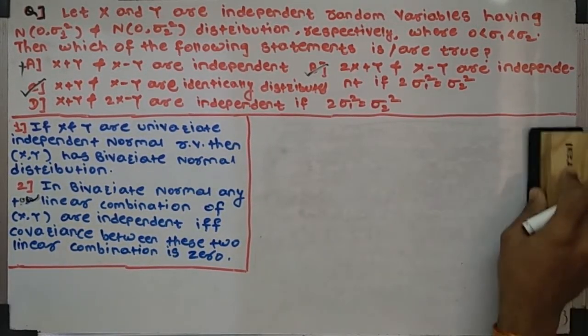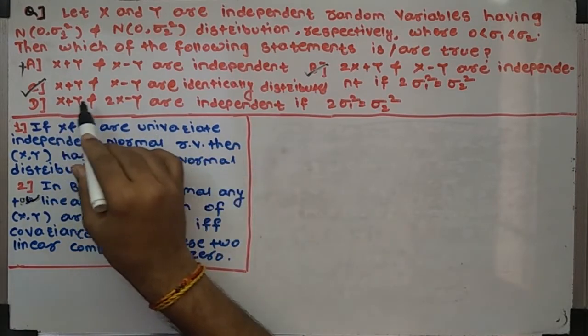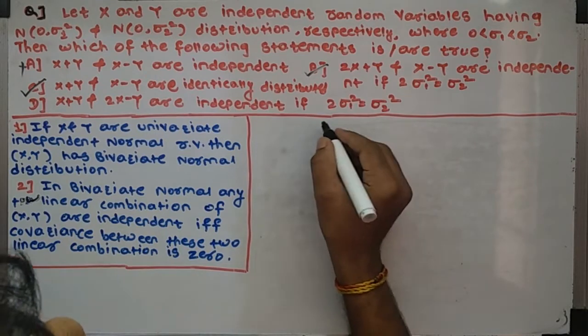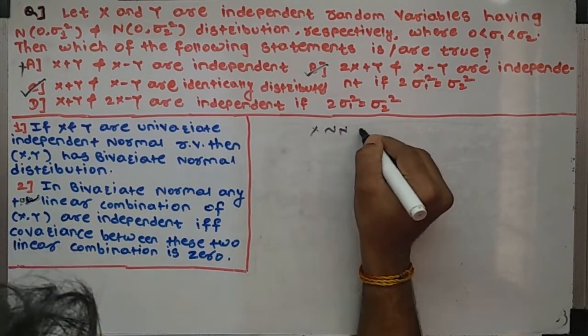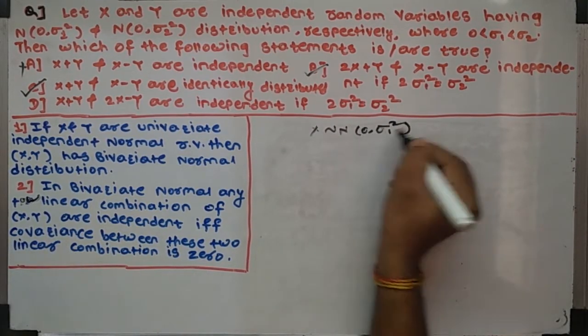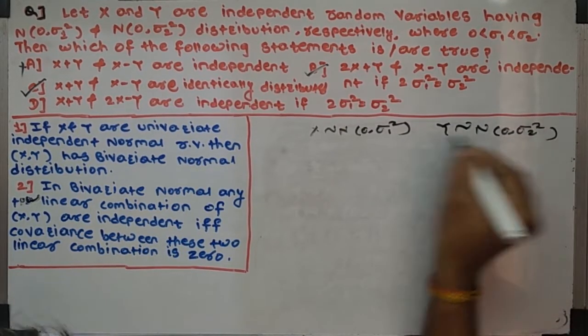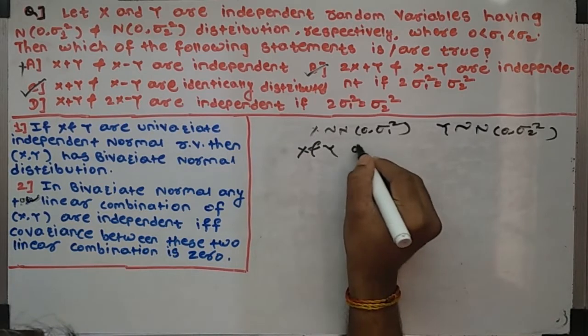Here in the fourth answer we are asked whether x plus y and 2x minus y are independent if 2 sigma 1 square equals sigma 2 square. Here we know x follows normal 0 comma sigma 1 square, y follows normal 0 comma sigma 2 square, and x and y are independent.